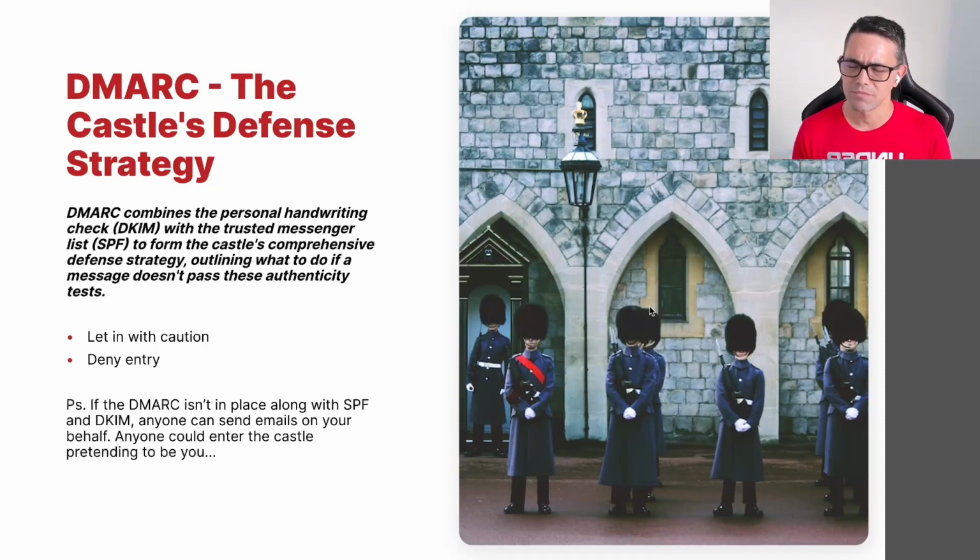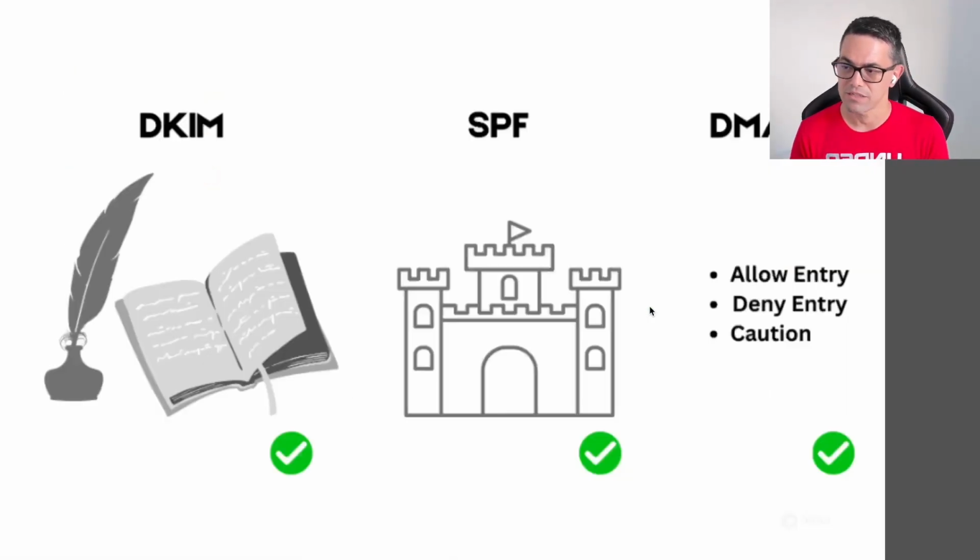Let me keep it super simple and give you an example. Let me go to the next slide. Let's say we've got the letter, and it's handwritten. We know that nobody has tampered with it, and we know it's your handwritten calligraphy, so that's good.